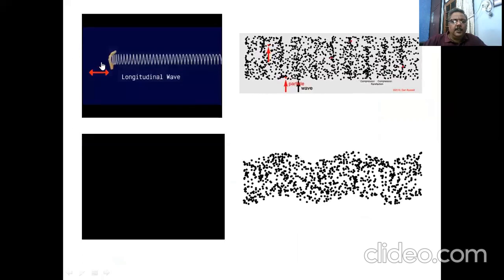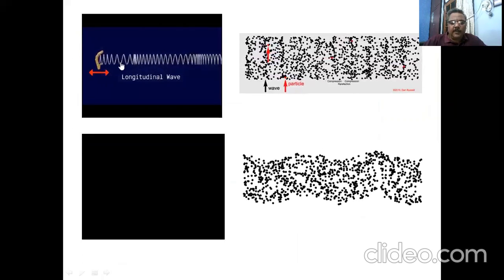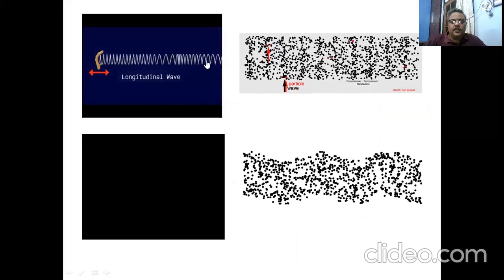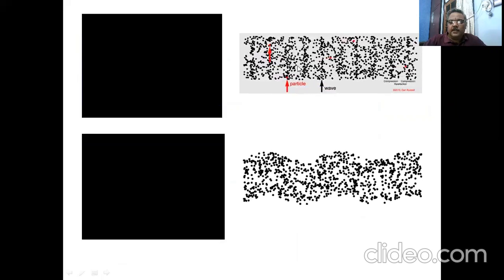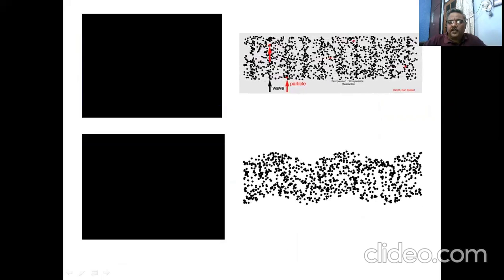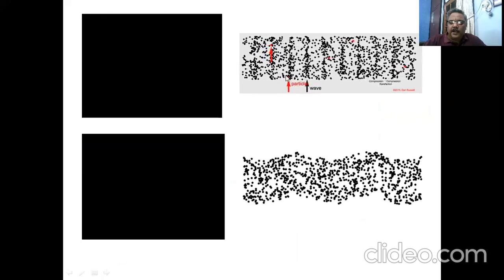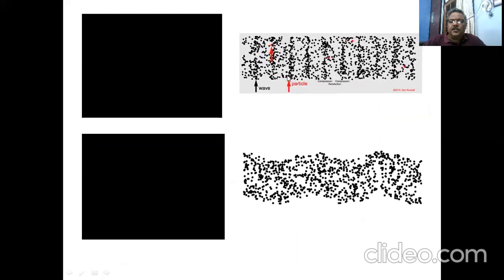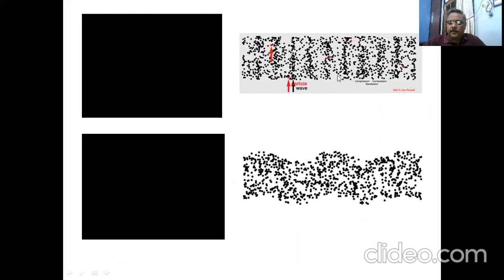You just see, when we compress a spring, the disturbance is traveling along the direction of motion. So the wave is longitudinal. What happens? The wave is traveling along the direction of propagation, and notice this particle. If the particle is vibrating about its mean position, the particle is not traveling, but the wave is traveling.